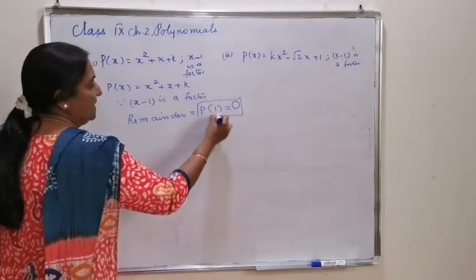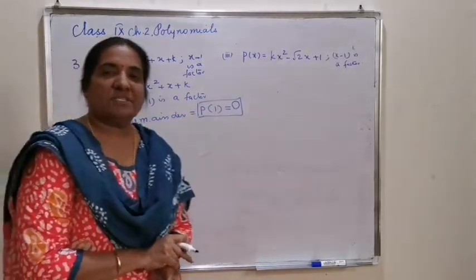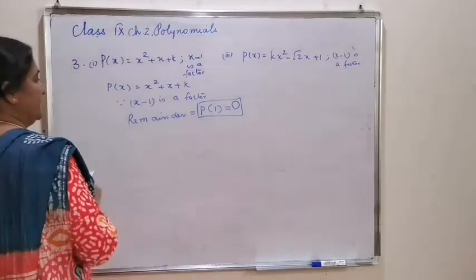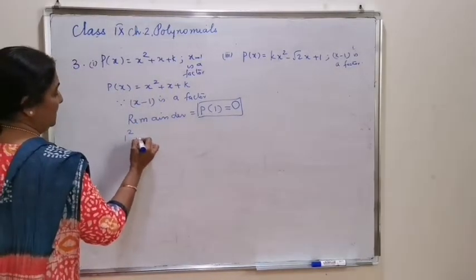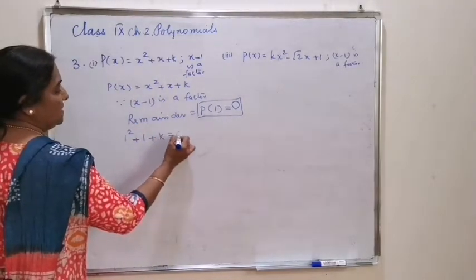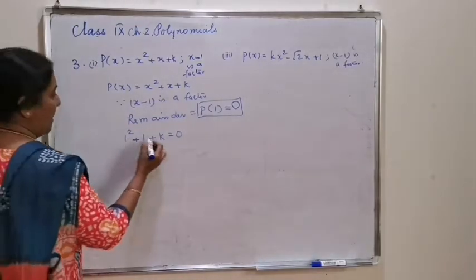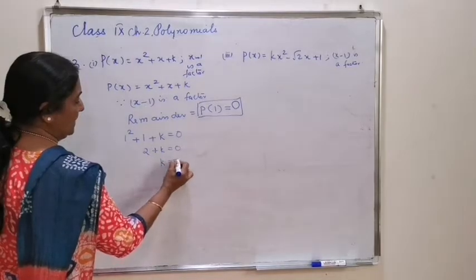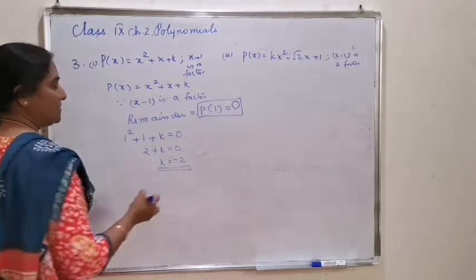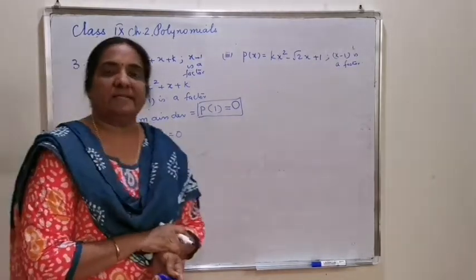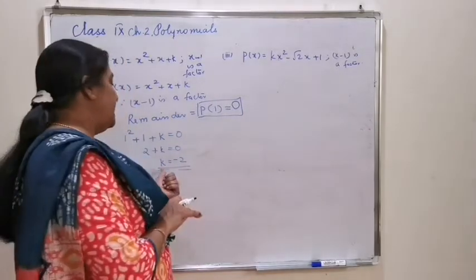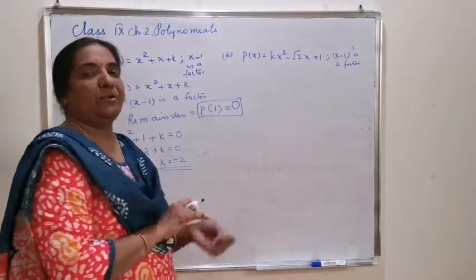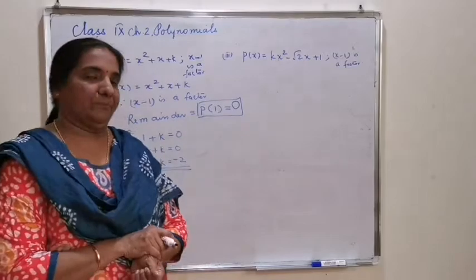That is the main concept of this type of question. That is 1 square plus 1 plus k equal to 0, 1 plus 1, 2 plus k equal to 0, or k is equal to minus 2. Thus, using the factor theorem, we are getting the value of an unknown quantity.